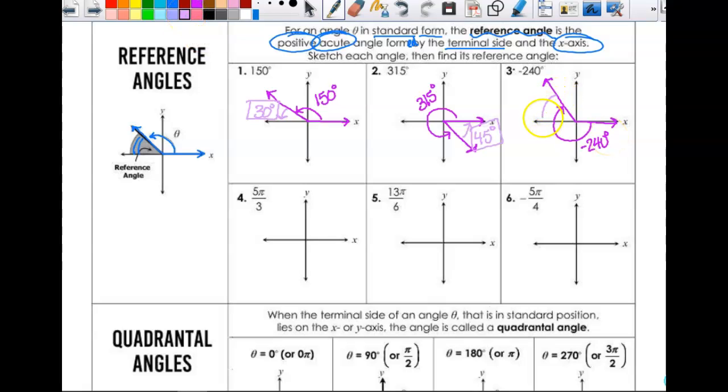So then what would my reference angle here be? What would this measure have to be? 60, because I'm 30 away from that, so there's 60 left. Or you can think, if I go from here to here, that's 180, and then I go another 60. Either way, but it is 60 degrees.